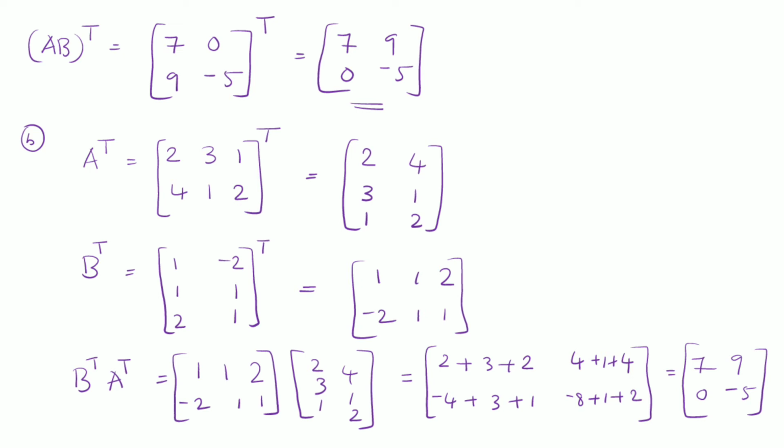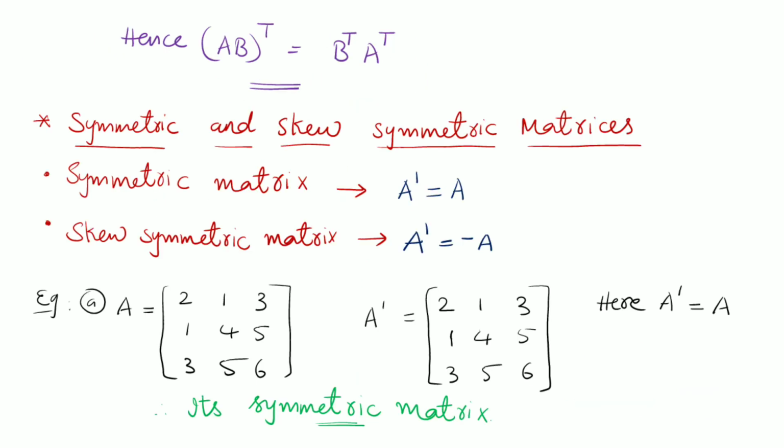After that, you have to multiply B transpose and A transpose and finally check whether the answer is the same. You got here the answer as 7 9 0 and -5. So I think LHS and RHS, you got the same answer. So this is the answer for this question. So then you can write, hence (AB) whole transpose is equal to B transpose A transpose.